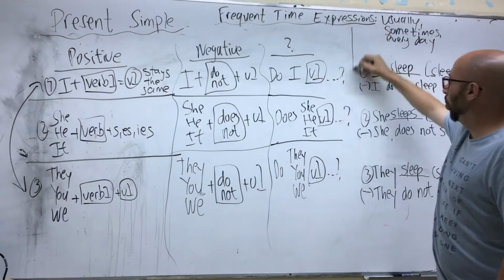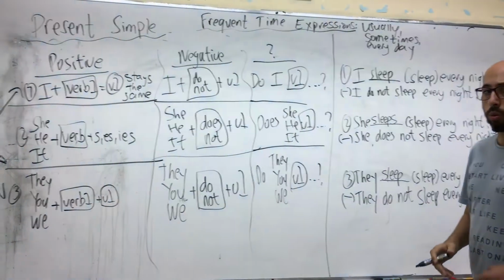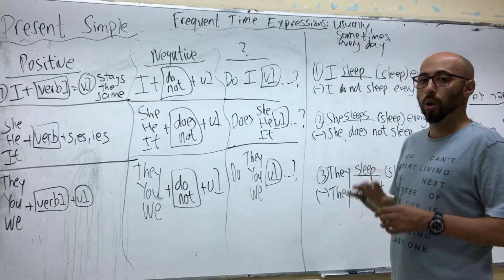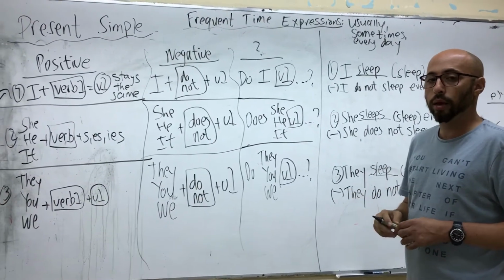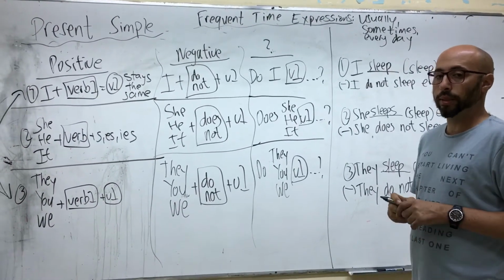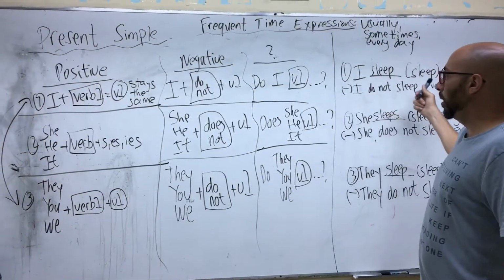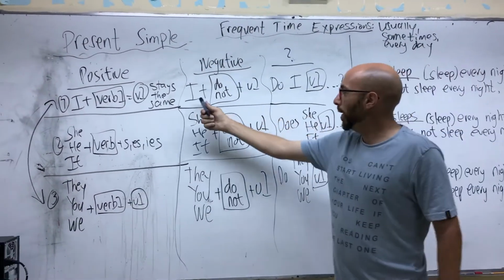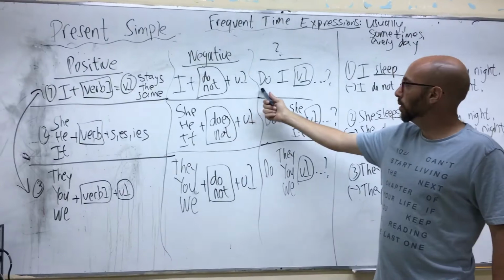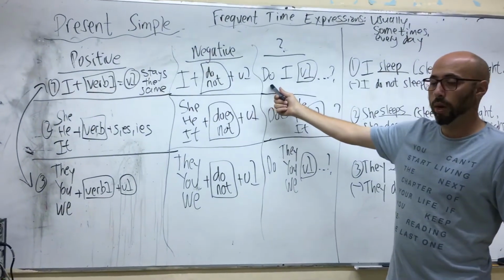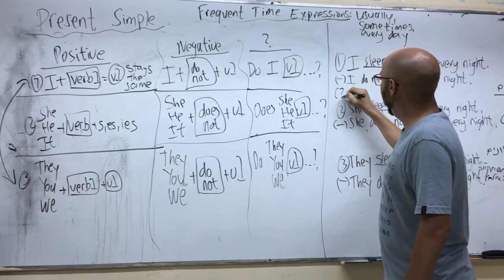Now again, we want to ask the questions. We're simply going to lean on the table and use it as a reference to help us answer the questions. I sleep every night. I do not sleep every night. Now it's written here in black and white. Do I sleep every night?